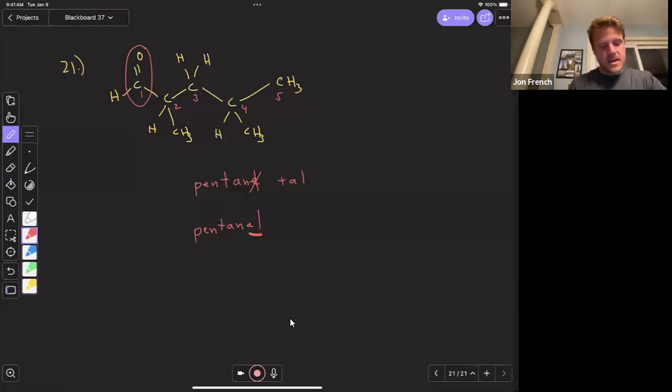So pentanal takes care of the main chain. Then the two things you want to add to that: I've got a methyl group on the second and the fourth carbon. So we would say 2,4-dimethyl pentanal. So it looks like choice C for question 21.